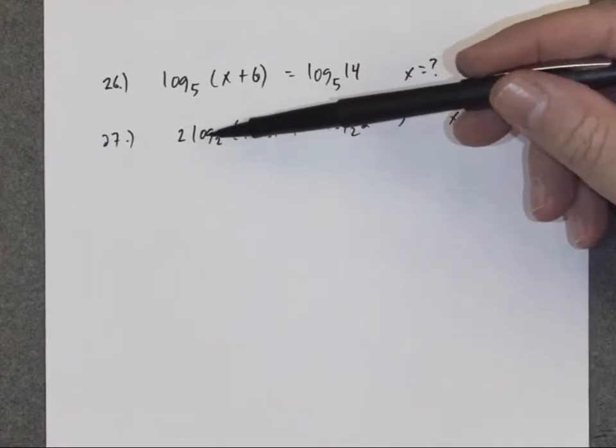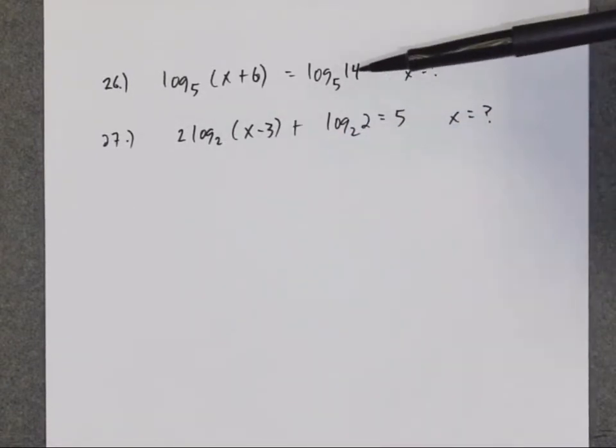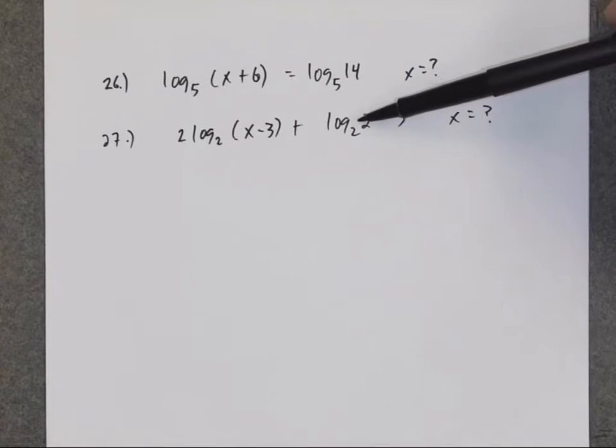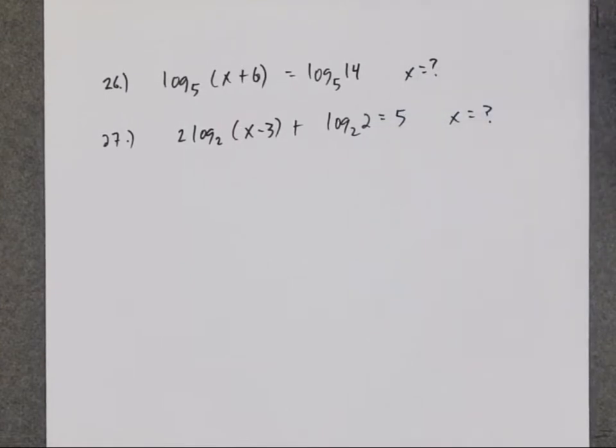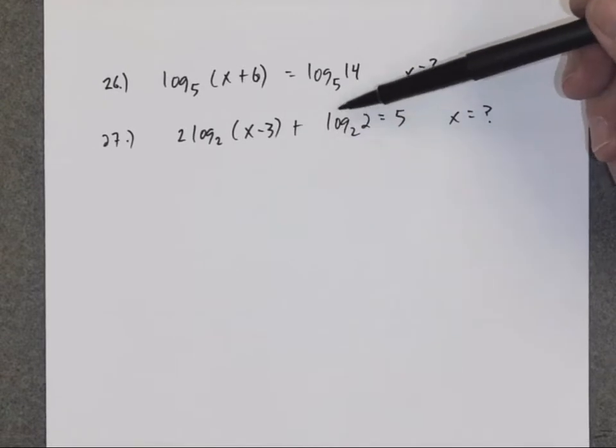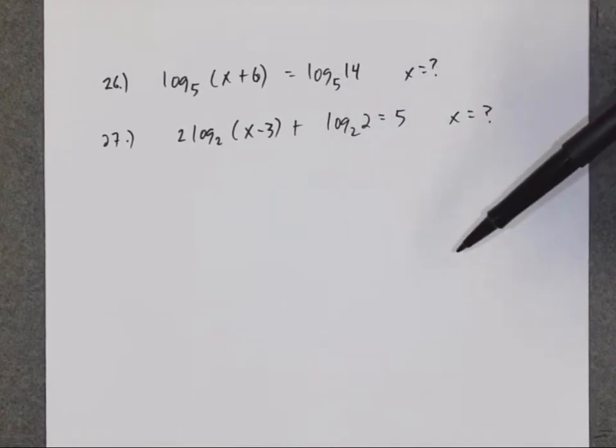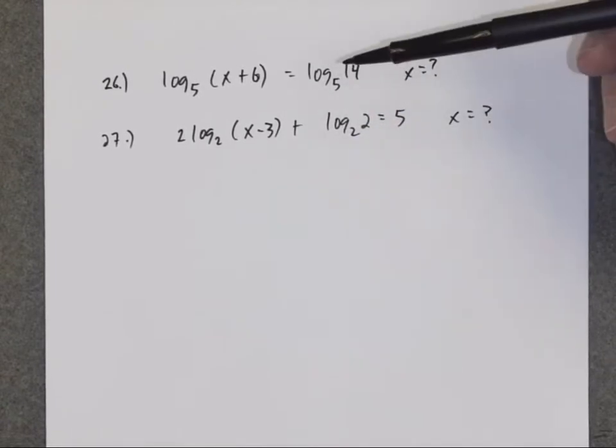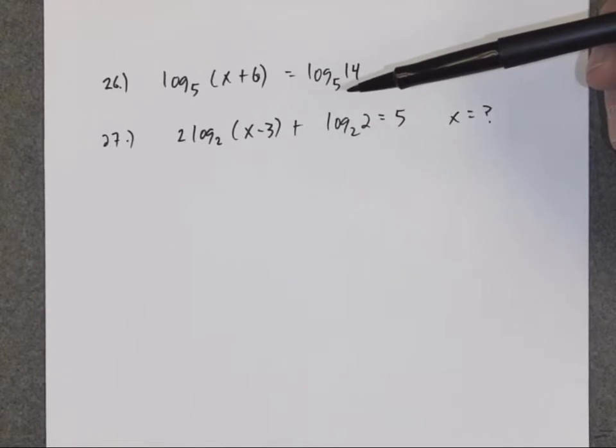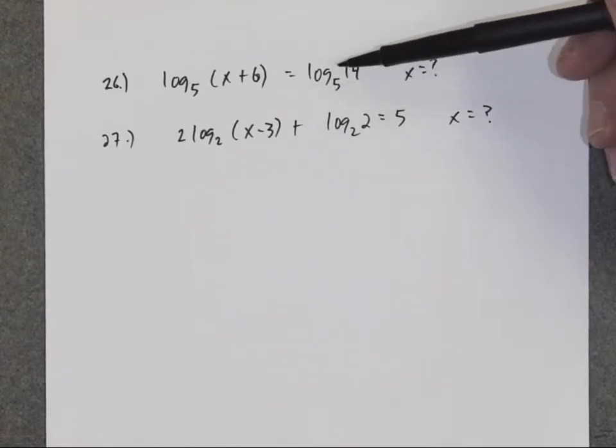So actually 27 has 3 terms. 2 of them are log terms, and 1 is a number. I'm going to solve these problems differently. And here's the key.